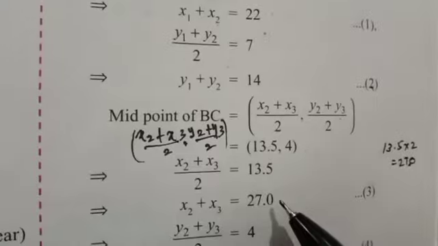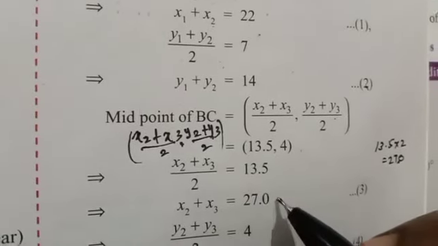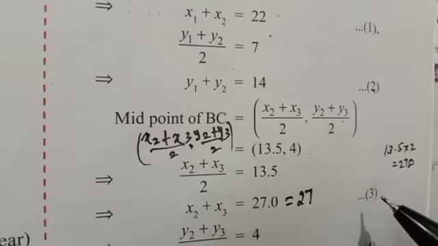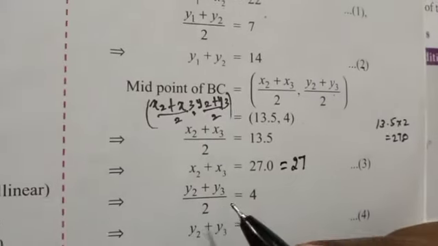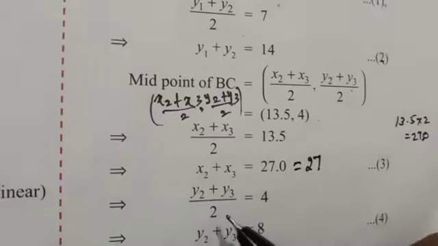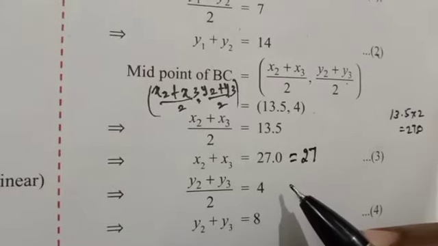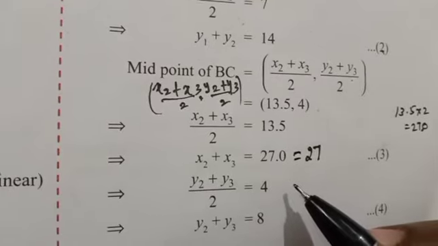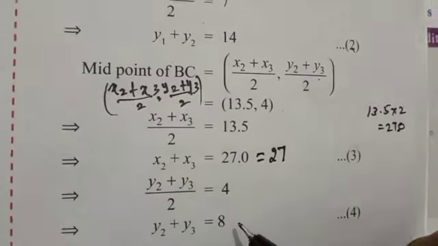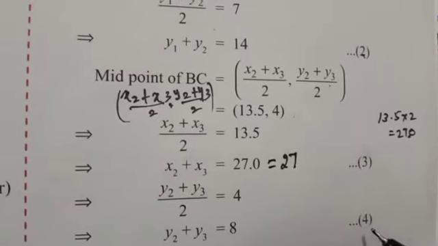This is equation number 3. Now comparing the y coordinates, y2 plus y3 by 2 is equal to 4. Transposing the 2, it becomes multiplication, 4 into 2, 8. So y2 plus y3 is equal to 8. This is equation number 4.